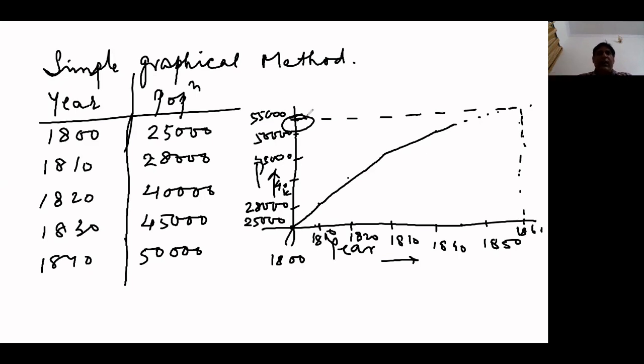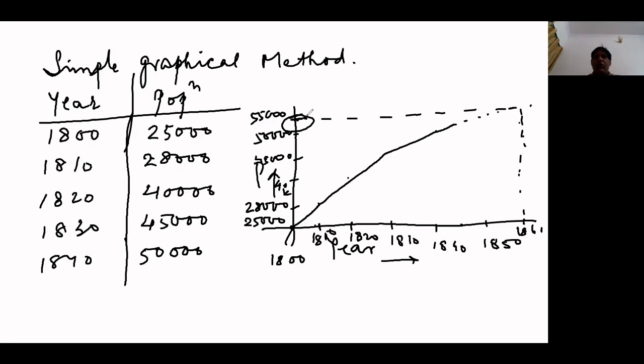It is a very simple approach, and it is just based on the population data as collected and observed. And the only drawback of this particular method is that you need to have very precise data.